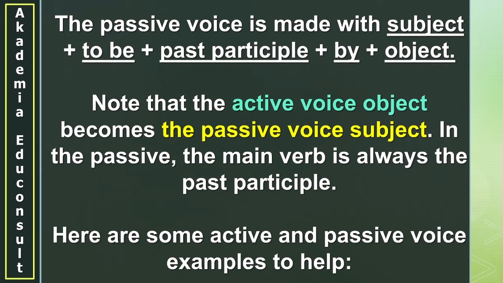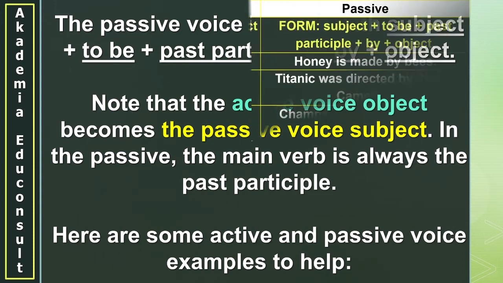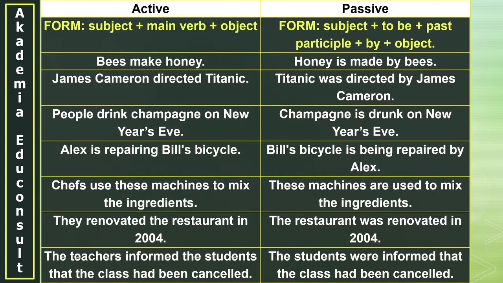In the passive, the main verb is always the past participle. Take note of that. So when you see any sentence with a past participle verb, that sentence is most likely a passive sentence. Here are some active and passive voice examples to elucidate what we have said.